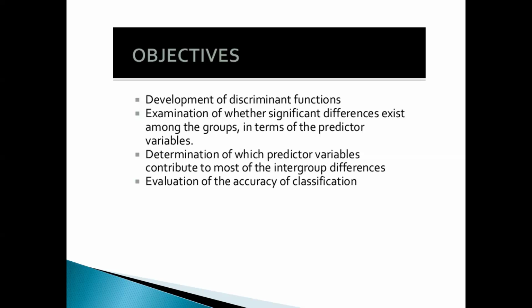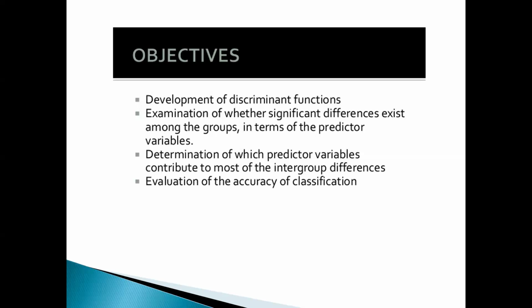Which explanatory, independent or predictor variable is contributing the most in discriminating among the categories of the different groups? How is it capable of contributing the most to the intergroup differences?